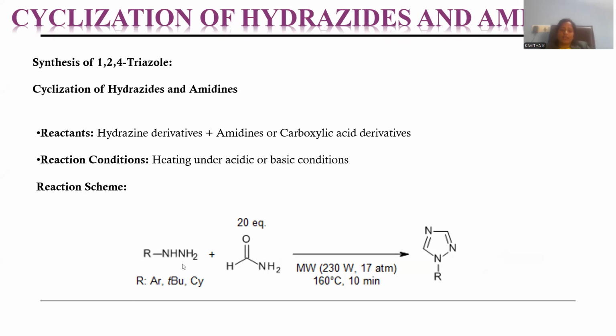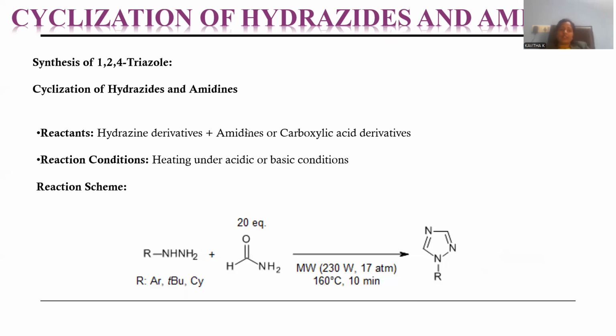Here hydrazine was taken to be treated with this amidine. Whenever amidine, formamide, we can say formamide, is treated with this hydrazine under microwave irradiation conditions, it is again the kind of green protocol, so that it will participate in the condensation followed by cyclization, and finally giving rise to triazole as the final product.